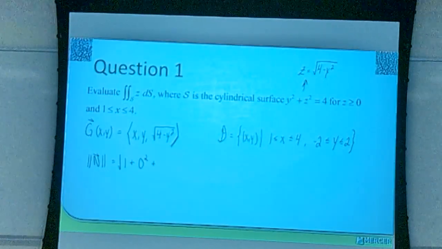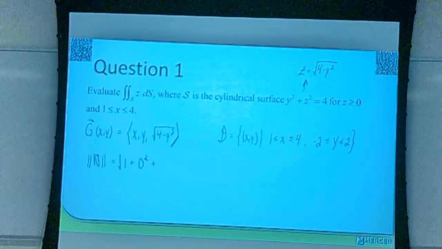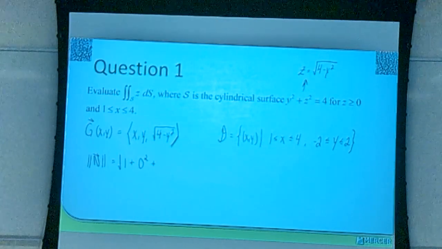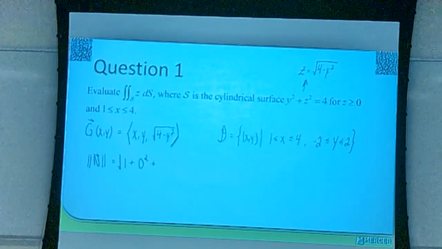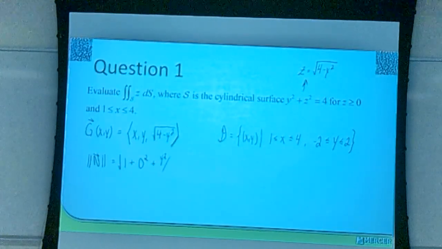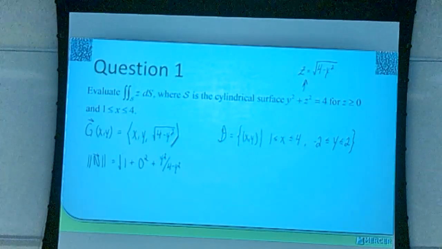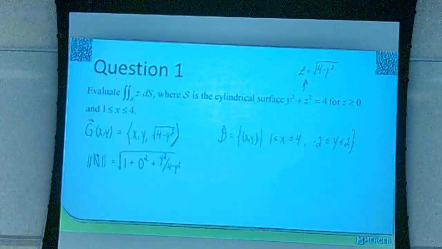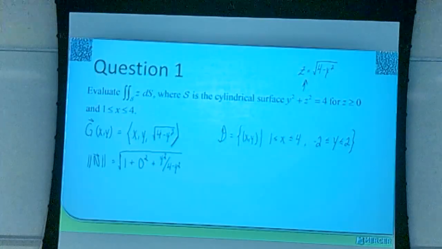That's negative y over the square root of 4 minus y squared. And we square that. Simplify this.